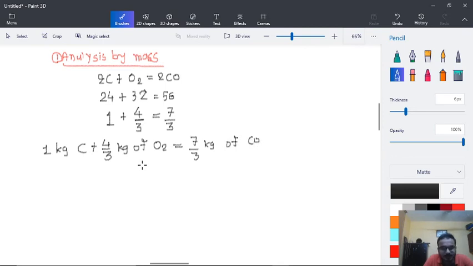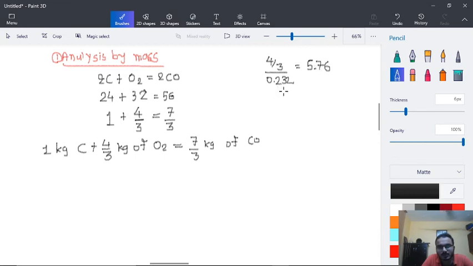So again here, if we need to calculate the quantity of air, then it will be 4 by 3 by 0.232. So this will give us the answer as 5.76.